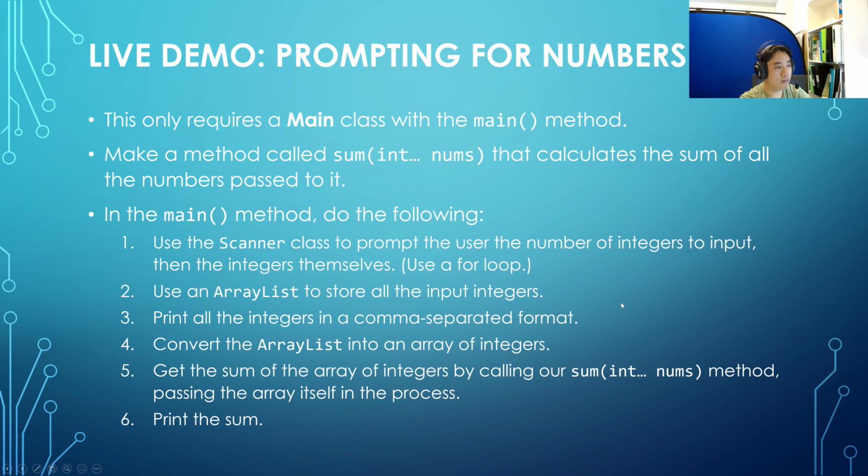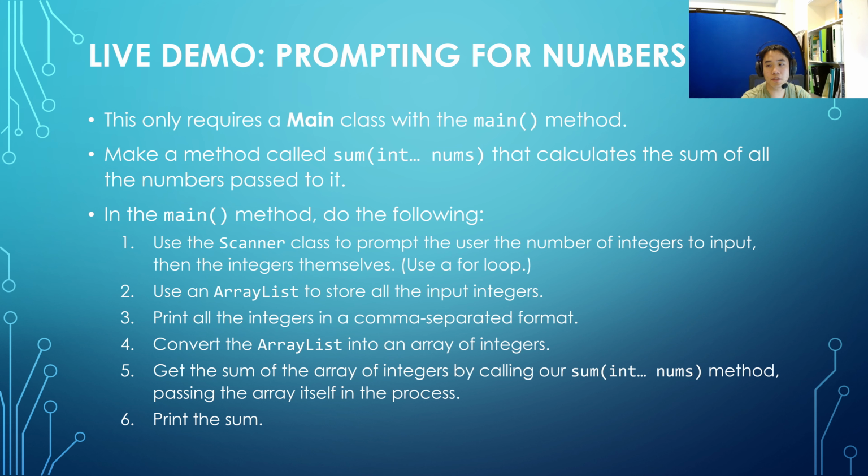And then I will store these integers in an array list because I won't know how many things the user can input, and maybe I want to add more or remove something. Then I will print all the integers in a comma separated format.